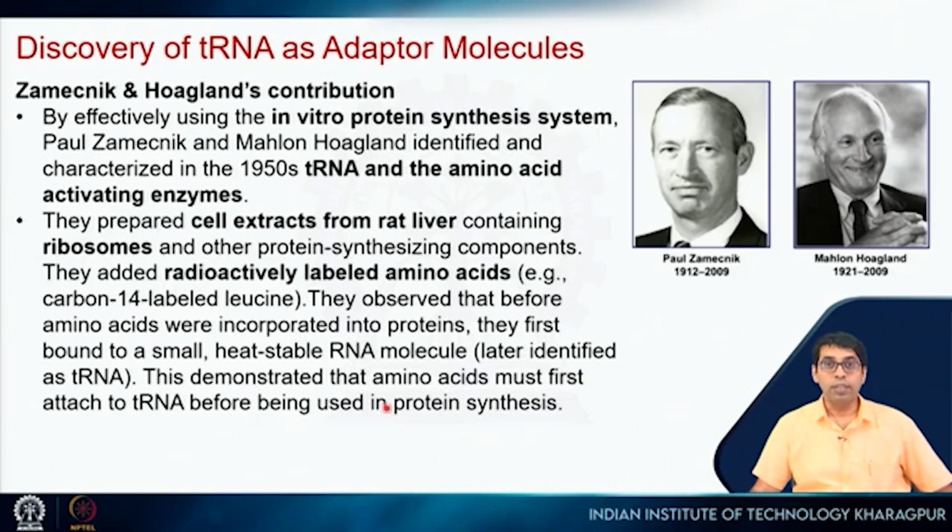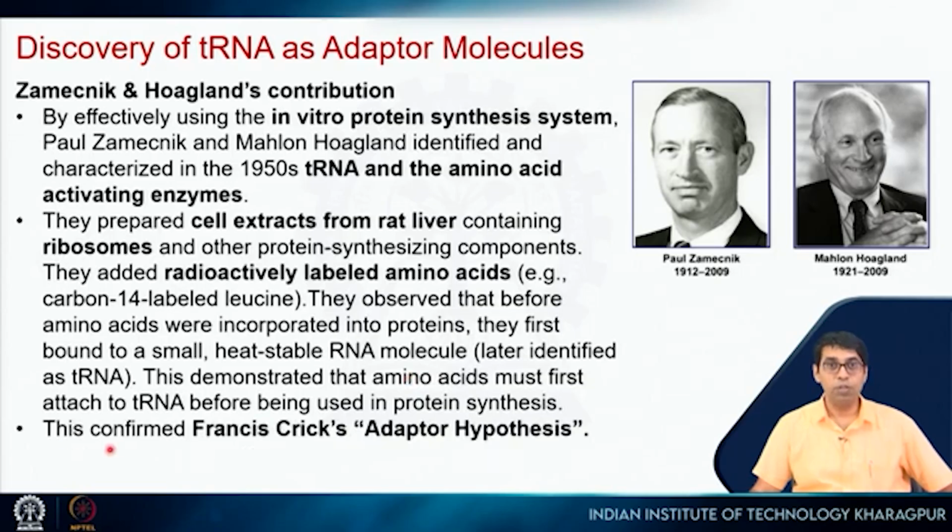That is how they demonstrated that amino acids must first attach to tRNA before being used in protein synthesis. These were all very important steps in protein synthesis, which we now take for granted, but they were all discovered by carefully designed experiments by different biochemists. These also confirmed Crick's adapter hypothesis.